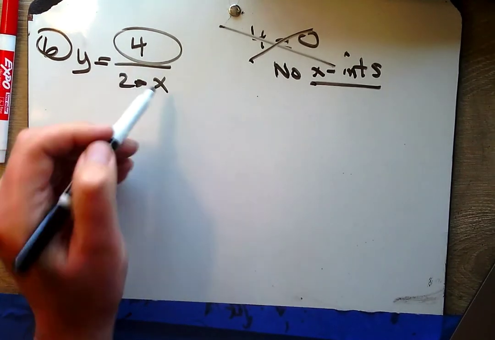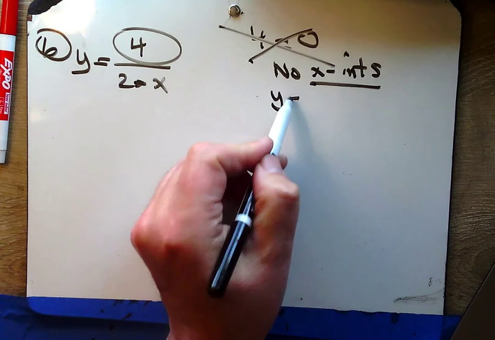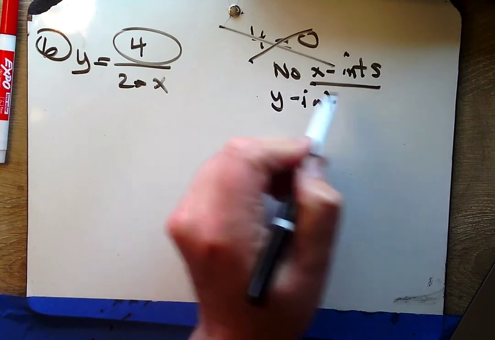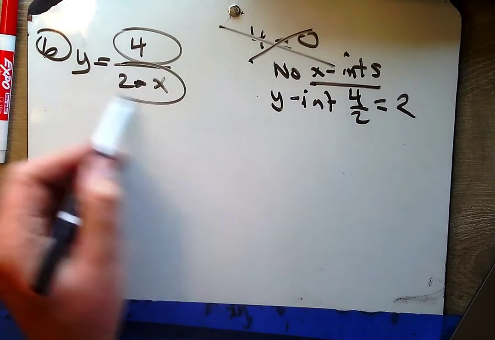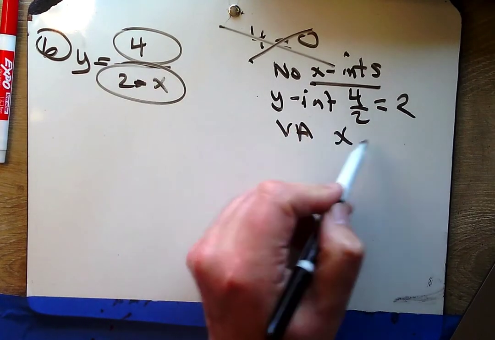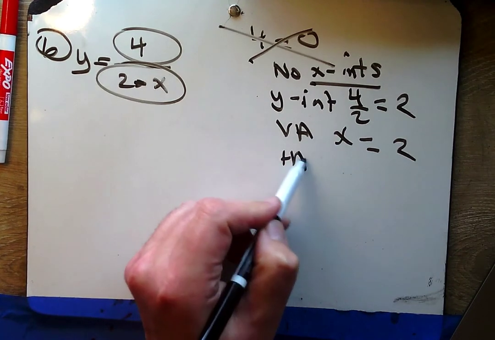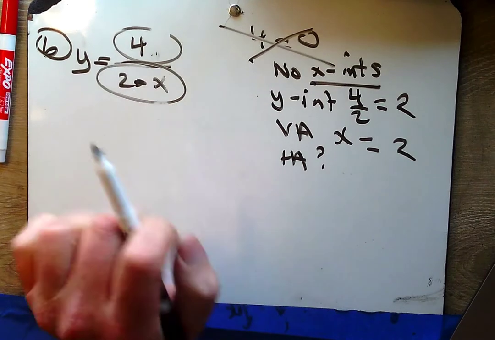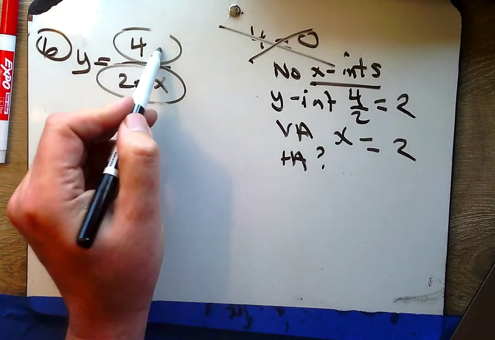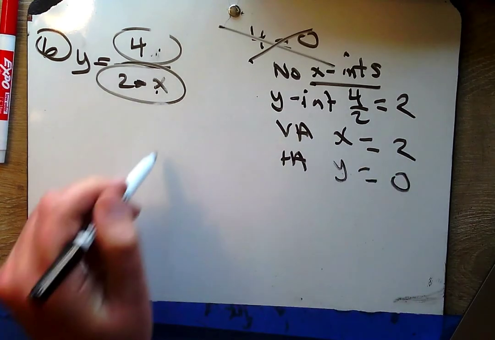If I plug in a 0 for x, I get 4 over 2, or a y-intercept, 4 over 2, which is 2. Vertical asymptote at x equals 2. And horizontal asymptote. Well, the degree here is 0. The degree on the bottom is 1. Since the degree up here is smaller than this degree, we have y equals 0.